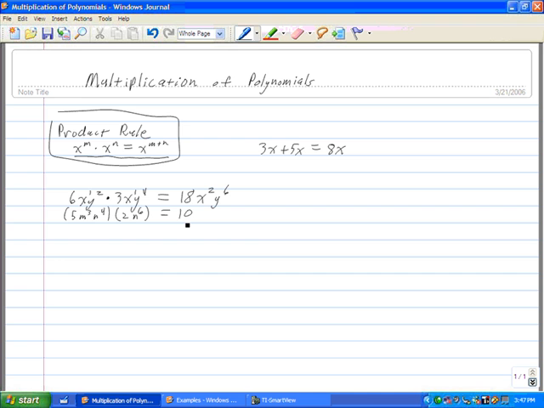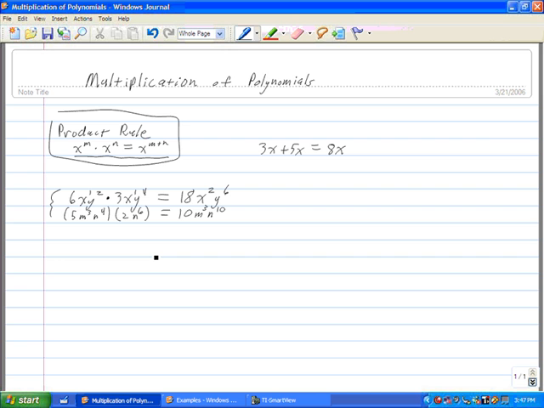That'll give us a 10. M to the third, and no other m's over here. This means m to the third. N to the fourth and n to the sixth, again using the product rule, is an n to the 10th power. So those are two examples of the simplest multiplication problems possible, monomial times monomial.